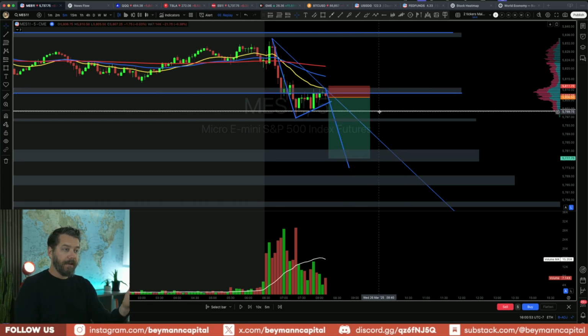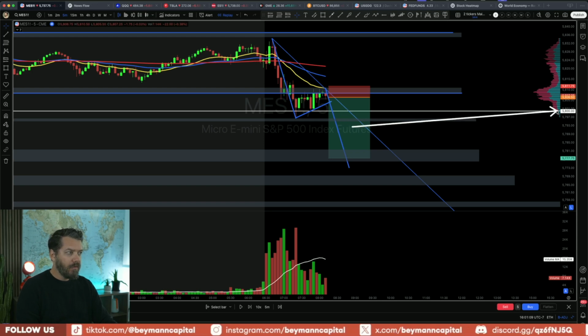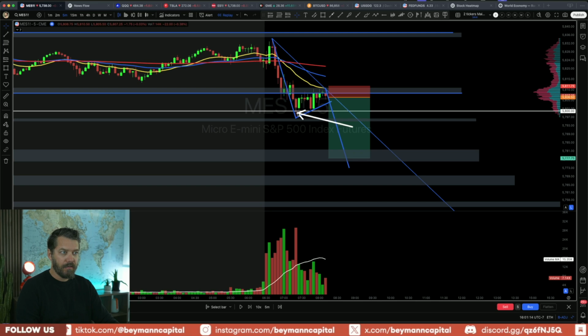But on the way to this final target, because you never know, you need to trim. Where do you trim? Here you can trim in this area, because we might attempt to break out of this 5800 level, but we might fail as we did here. So you want maybe to trim here, okay? You trim in this area.